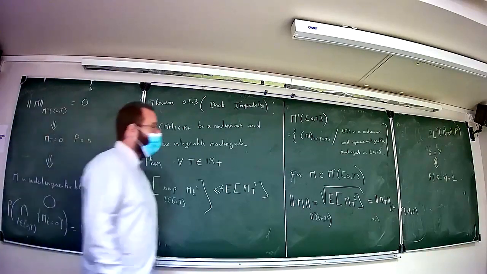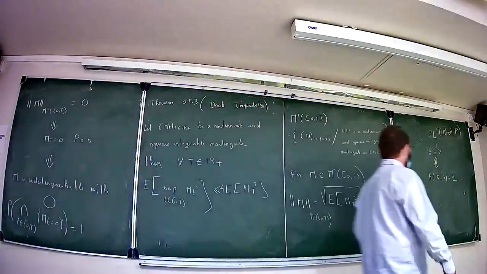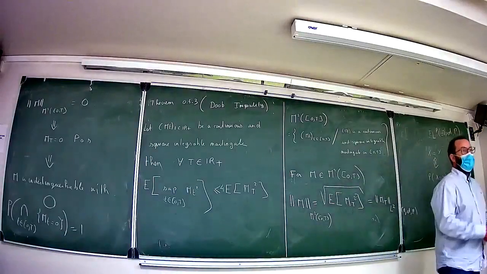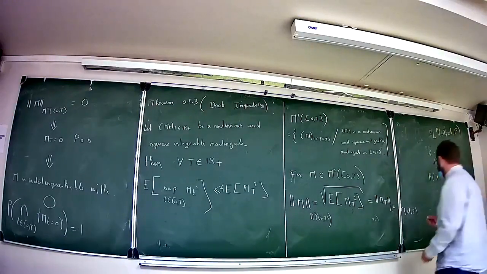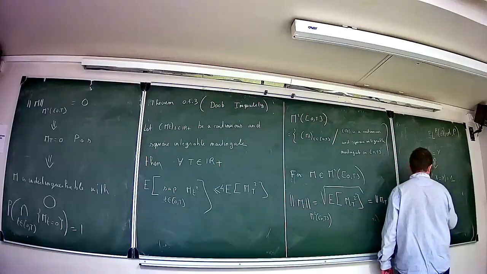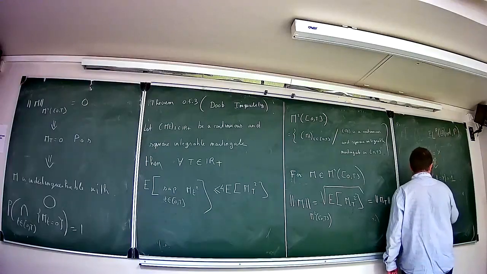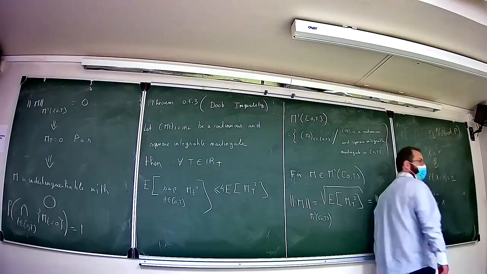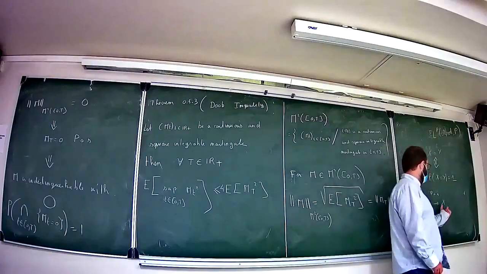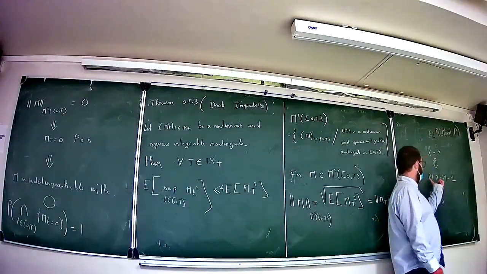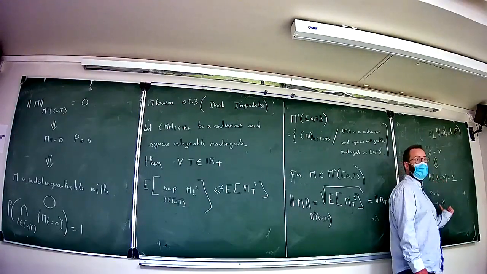The problem is that if you take, say, the convergence almost sure, if X_n converges toward X P almost surely, if you replace X by Y, it works.